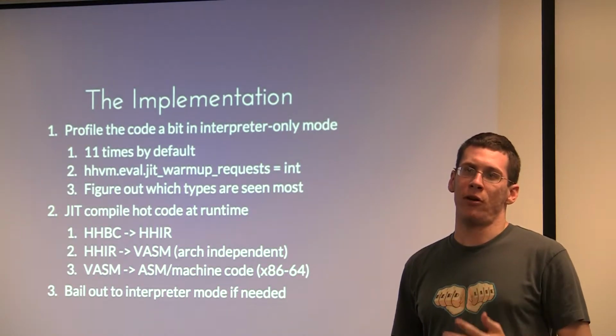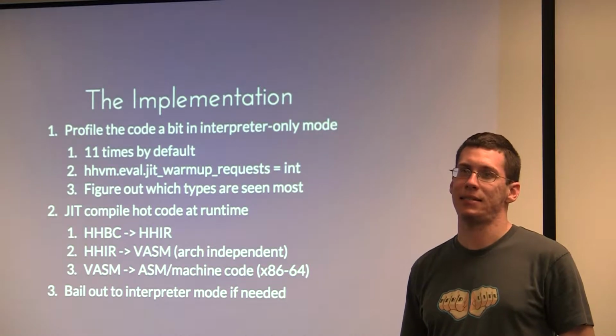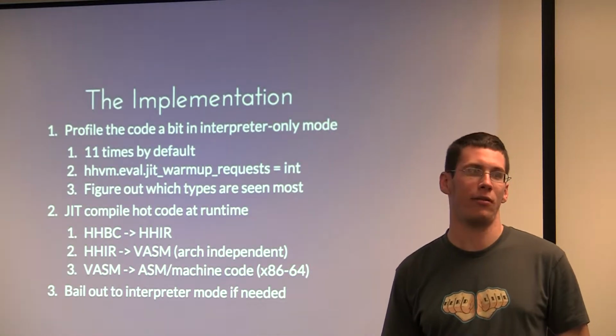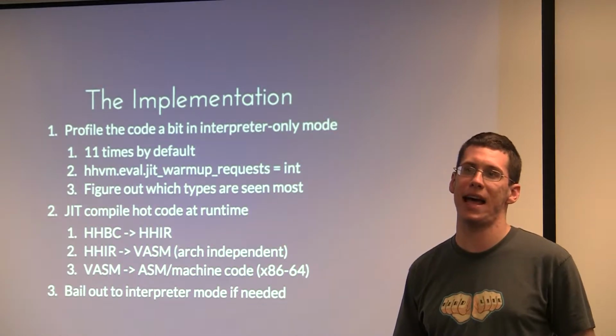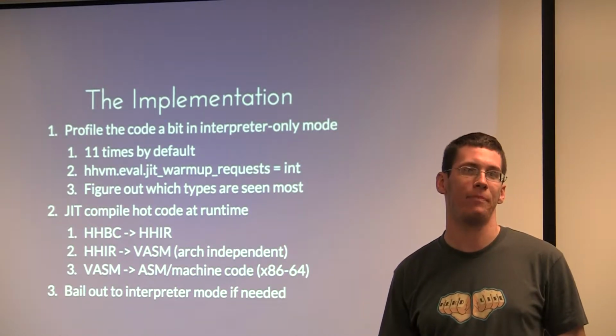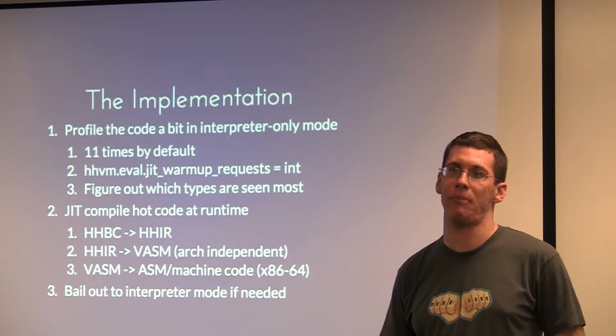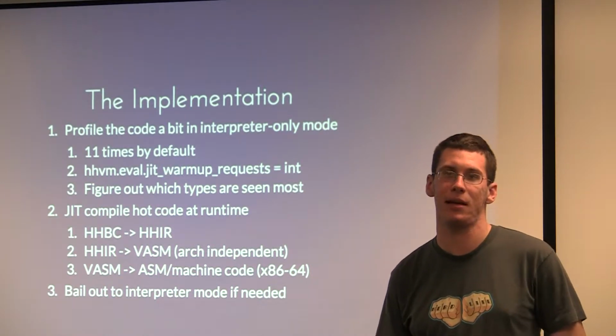So you run over your code a few passes. That allows the profiler to figure out what types of variables you're throwing into your functions, what types you're getting out, if you don't have a function signature saying that, for example, you're passing in integers all the time.